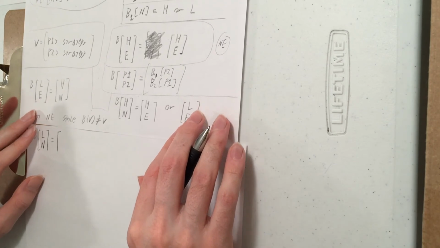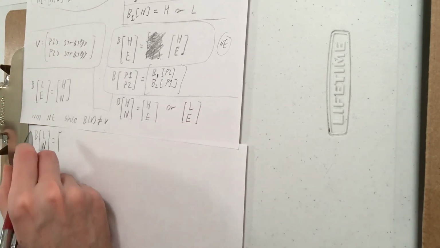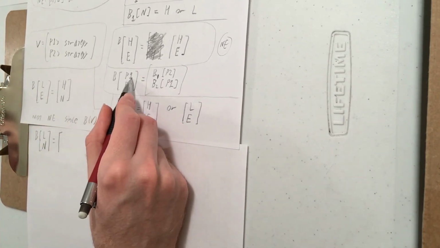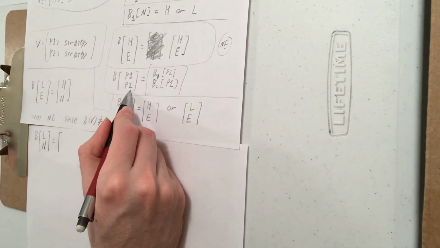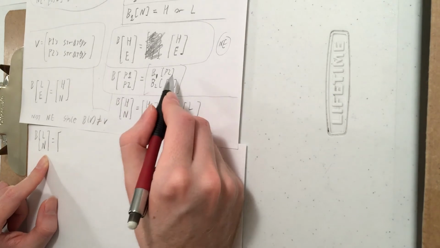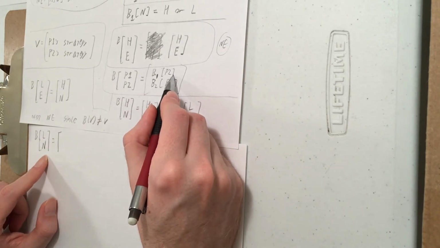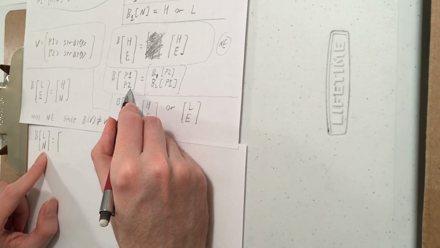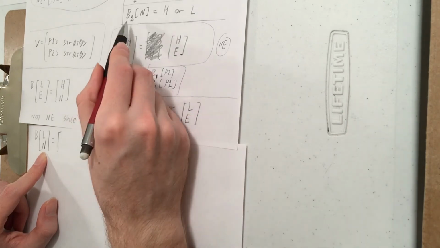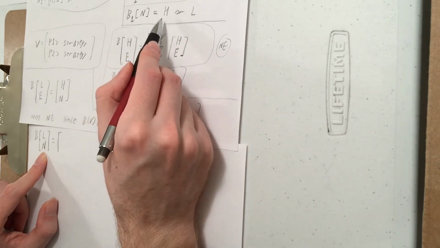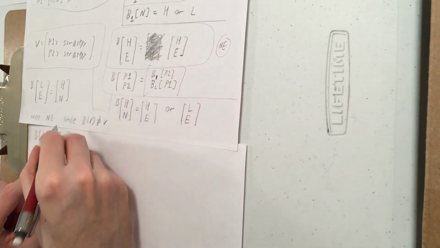So let's follow our guide here and not get mixed up. This means player 1 is playing L, and player 2 is playing N. We find over here player 1's best response to player 2's N. So what does player 1 want to do when player 2 is playing N? They want to play H or L. They're both equally good.